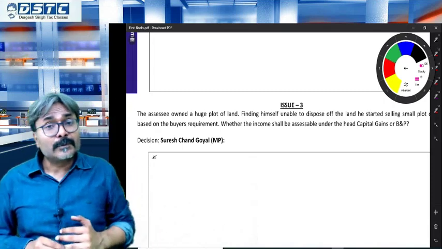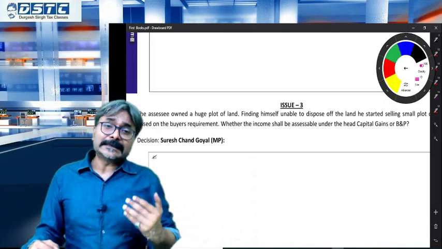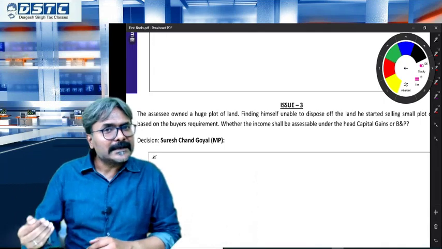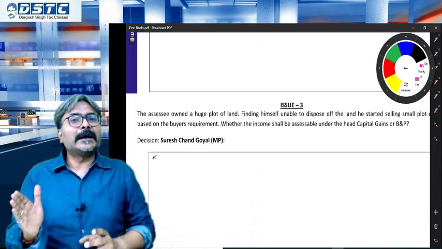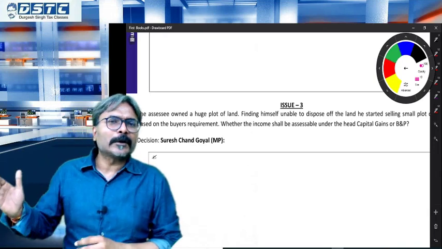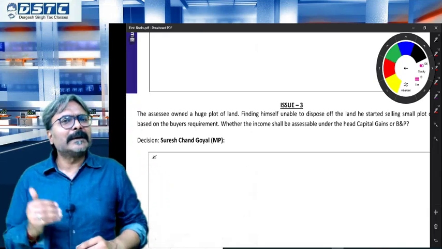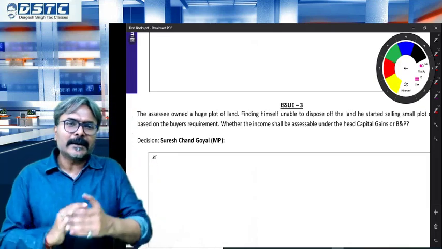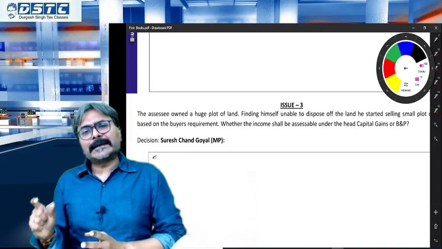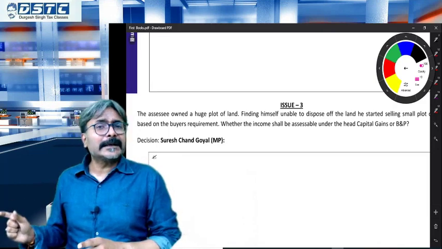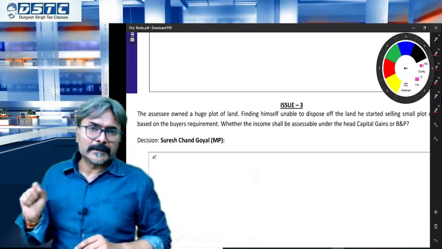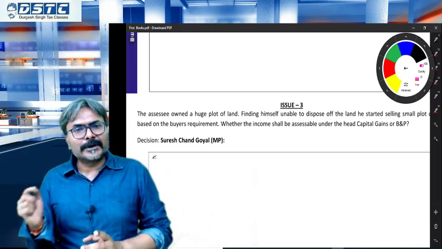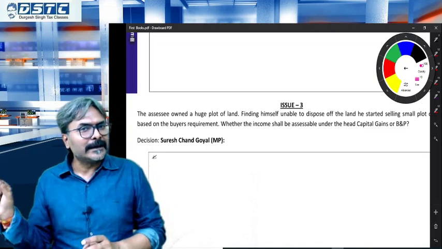The SSC computed the capital gains on the sale of the land in parts, through the small plotting that he did as per the buyer's requirement. And we all know, if it is a long-term capital gain, then there is a concessional tax rate of 20%. So in his total income tax liability computation, he paid 20% tax to the government.